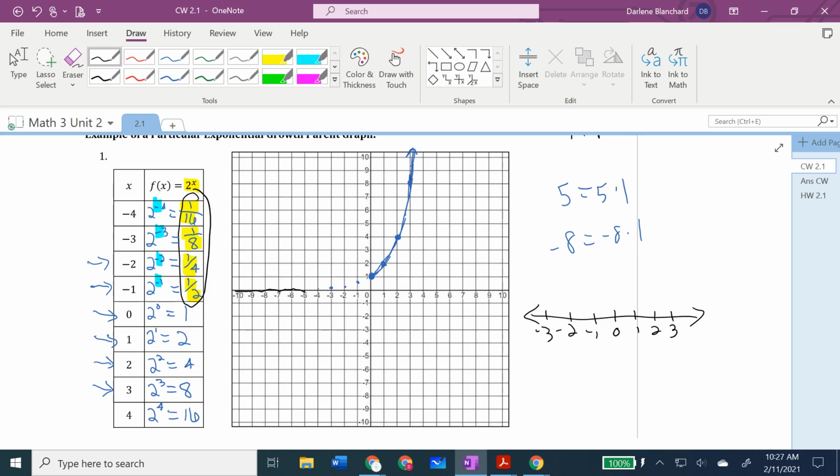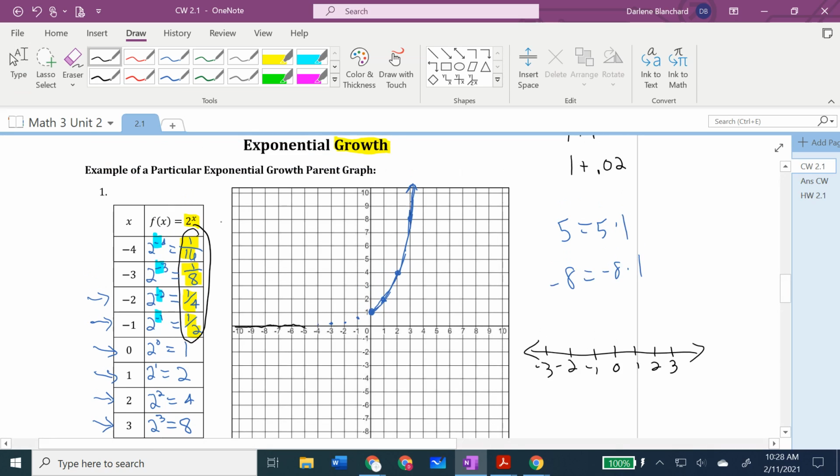That is very important, above the x-axis, these numbers. And what you need to understand very importantly is that if I take this table and I look at x equals -5, -6, -7, these will continue to be above the x-axis, but they are going to be closer to the x-axis.